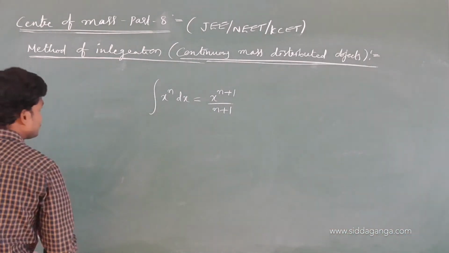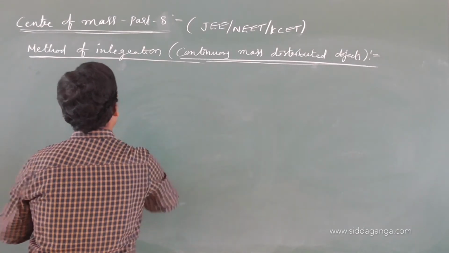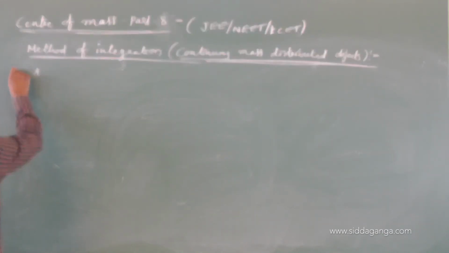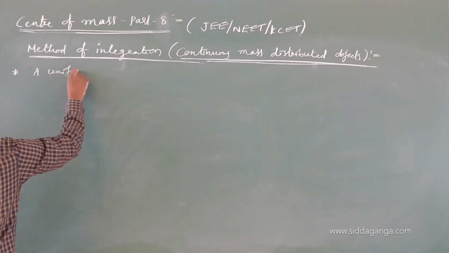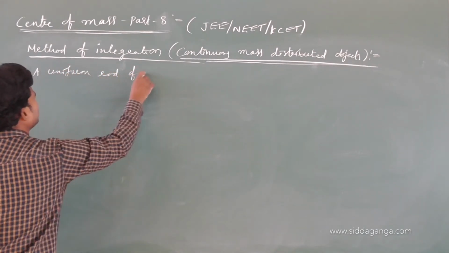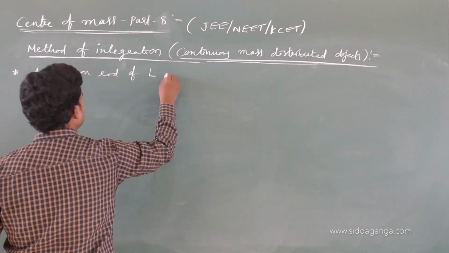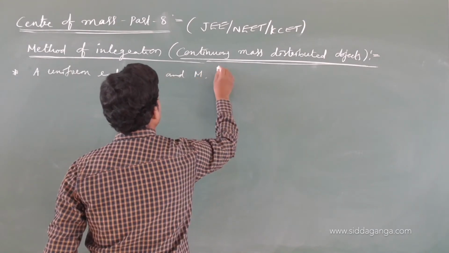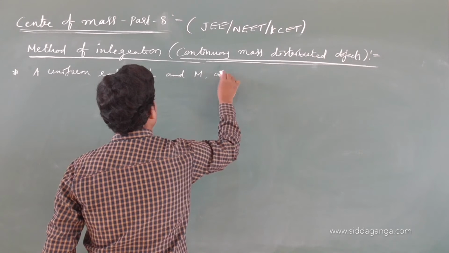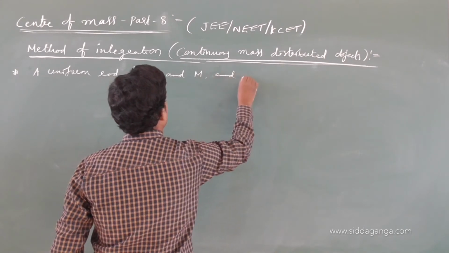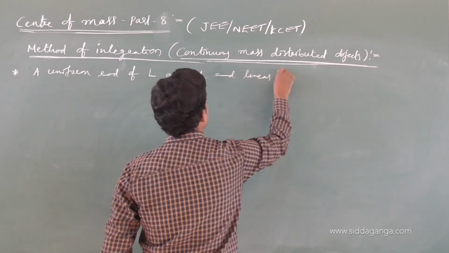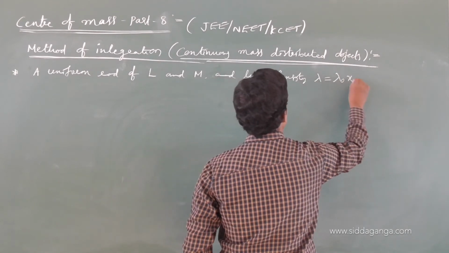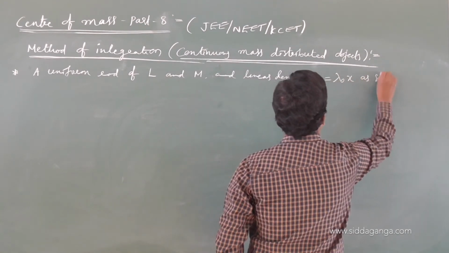Before that, let me give one problem. Read the problem now. A uniform rod of length capital L and mass capital M, and linear density lambda, which varies as lambda naught x, as shown.